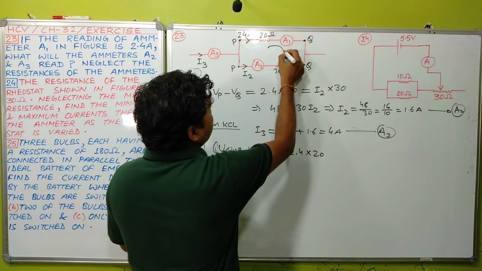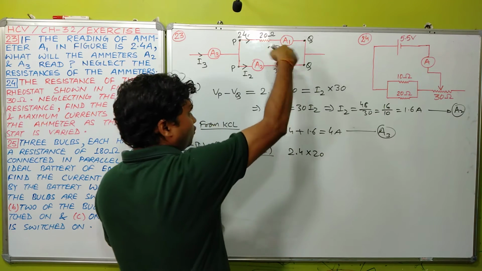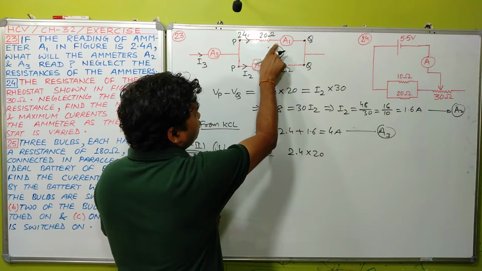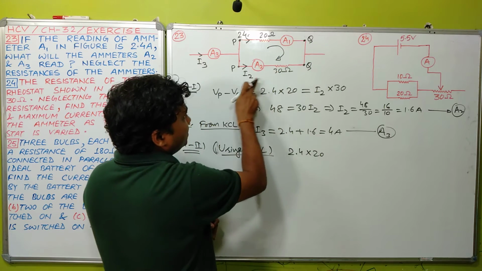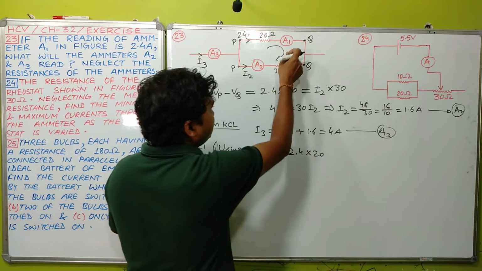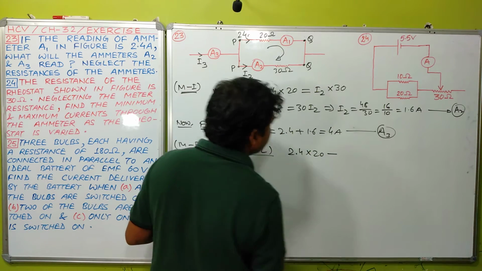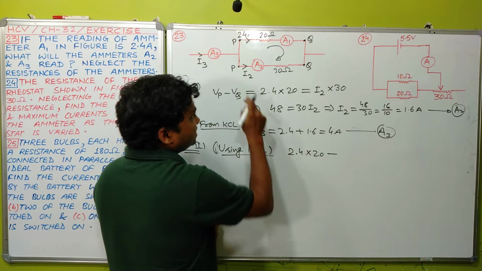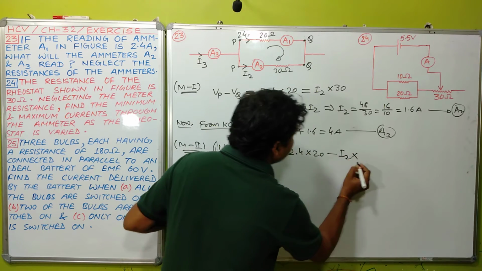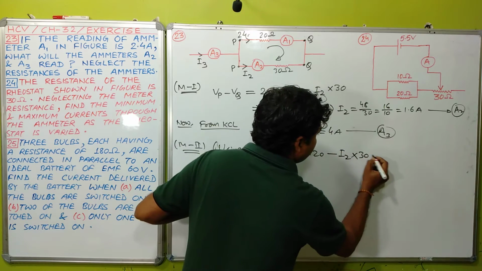We are moving inside this loop clockwise, and now we are moving against the current, so we take a minus sign. The potential difference across this is I2 into 30, equal to 0.